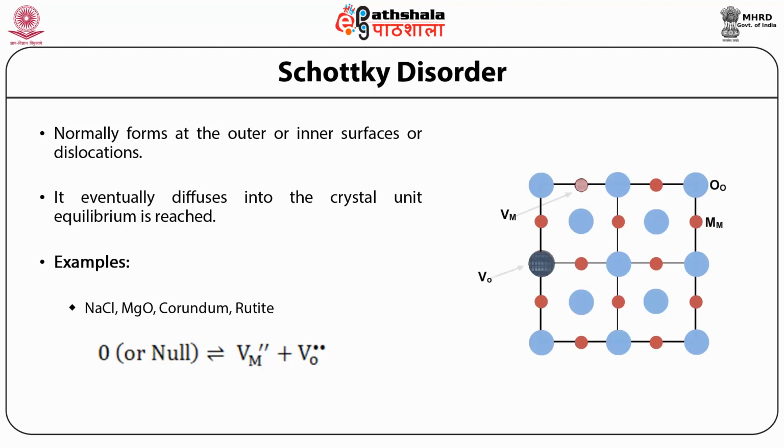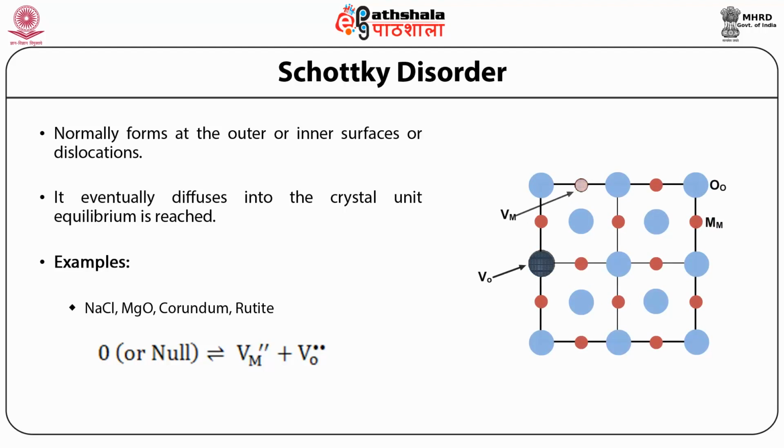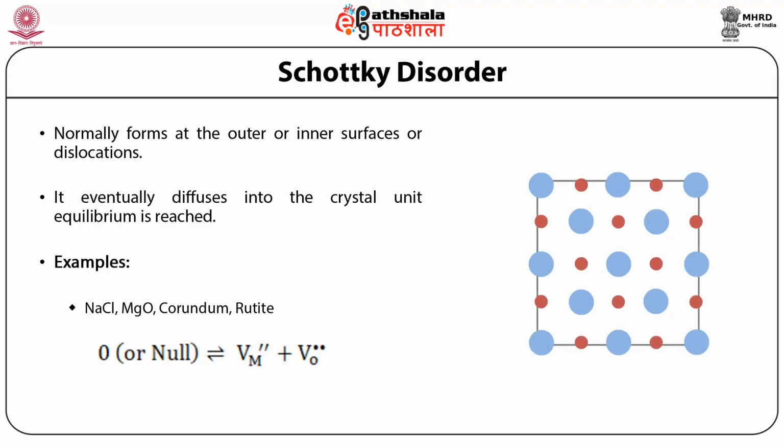Some examples are NaCl, that is sodium chloride, MgO, that is magnesium oxide, corundum structures and rutile structures. The defect reaction is written as null gives V_M double prime plus V_O double star.